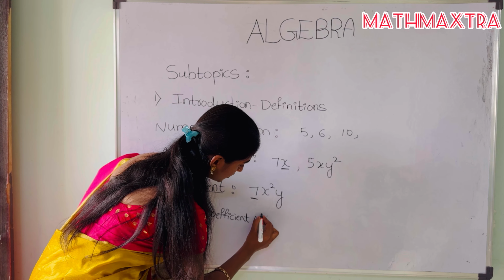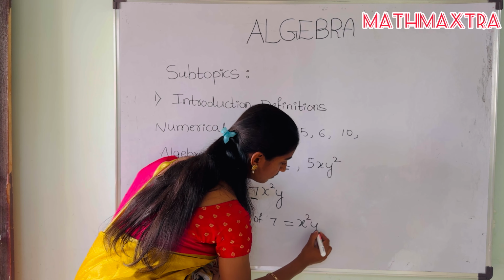In this term, except 7, we call the remaining variables the coefficient, which is nothing but x square y.